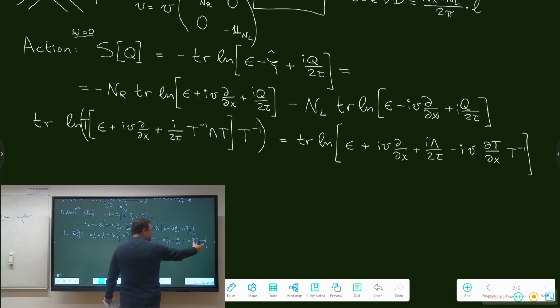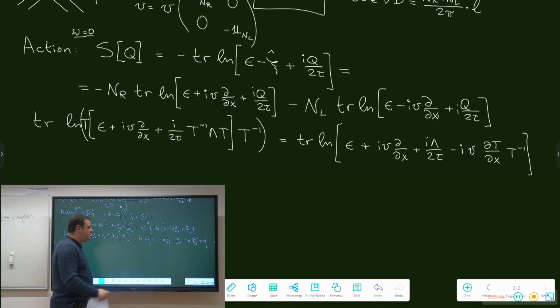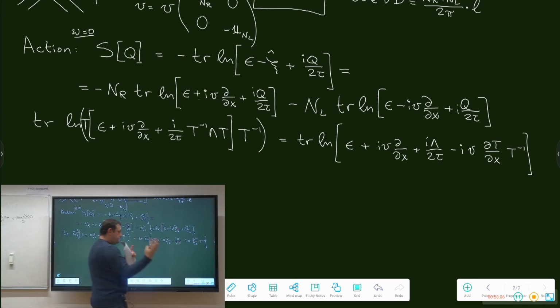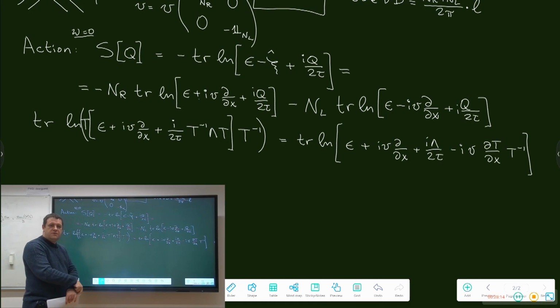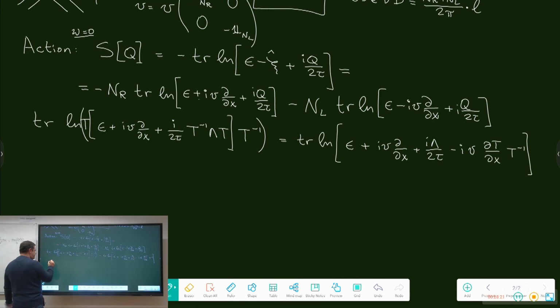Gradient expansion means expanding in this term, and this first one is the zero order approximation. The result should be the same as when we described the sigma model the first time. Almost the same, you will see.